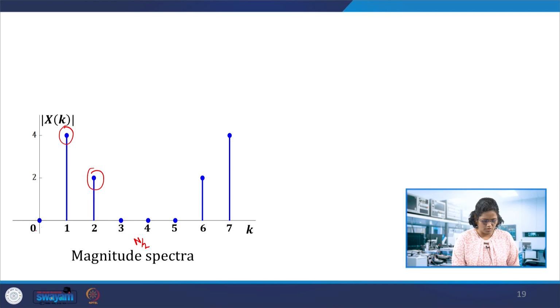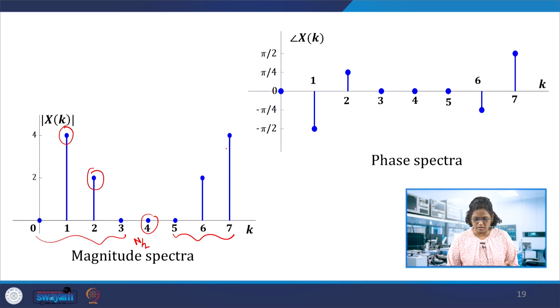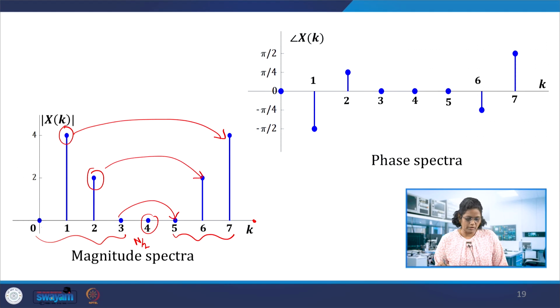So up to this 0, 1, 2, 3, we have the independent terms, and then with respect to 4, it is a conjugate actually. So in the magnitude you get the same, but in the phase you would be looking at the antisymmetric thing. So 3 is same as 5, and 2 is same as 6, and 1 is same as 7, and 0 will be repeating again at 8, because the spectra is going to repeat.